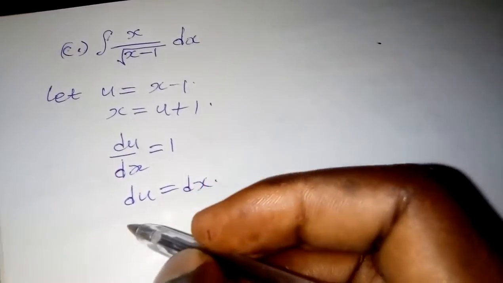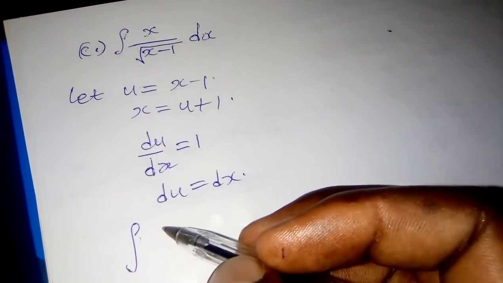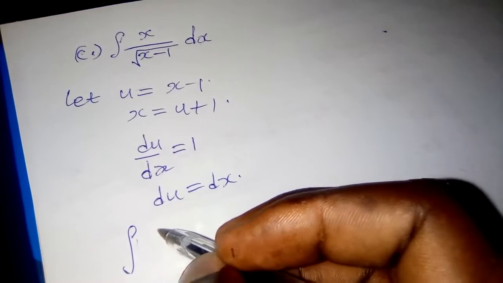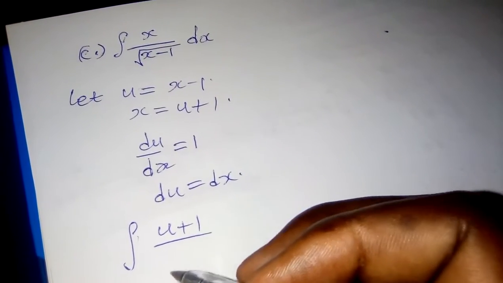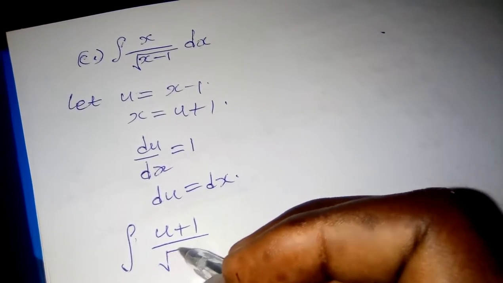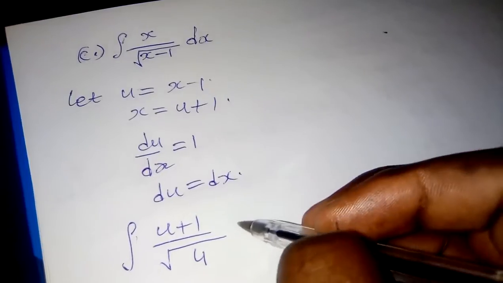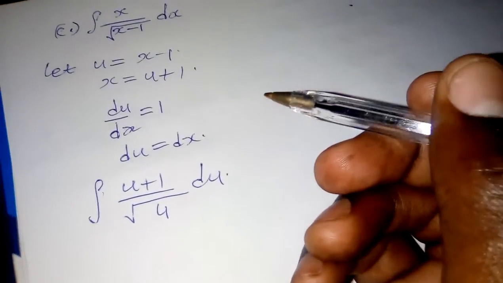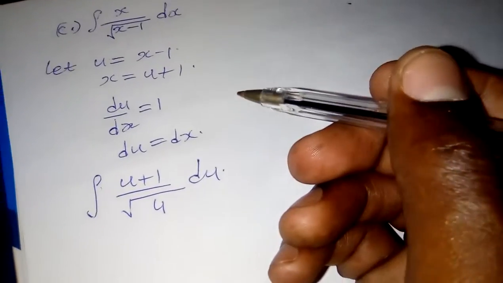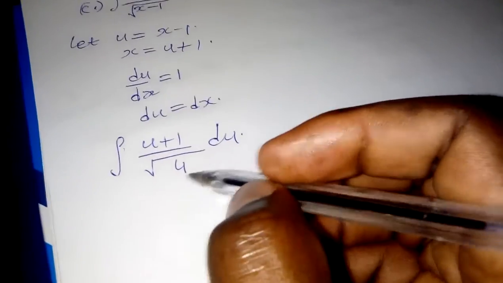The other thing we do now is replace everything in that expression. Where there's x, I'm putting u plus 1, and where there's the root of x minus 1, this will now be the root of u, and then we have du. Now it's just a matter of integrating this.